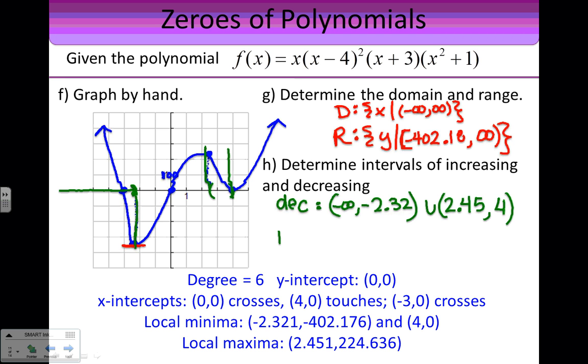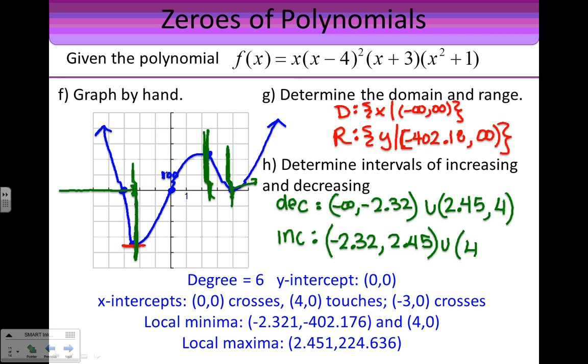We also have some increasing parts. So from here to here, our graph is going to be increasing. So the x interval from that is going to be negative 2.32 up until 2.45. It also increases from here on.